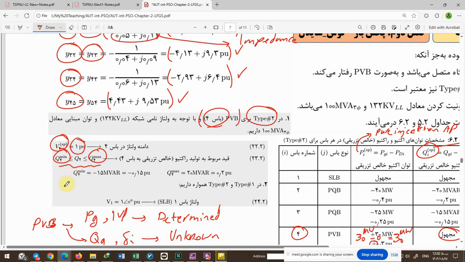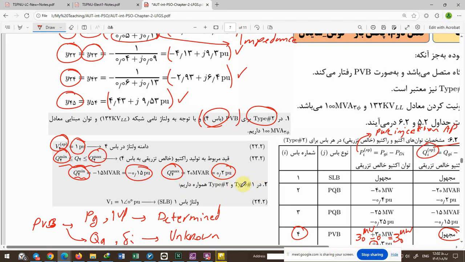The problem gives us as input that the minimum of Q4 is minus 0.15 per unit, and the maximum is 0.2 per unit.